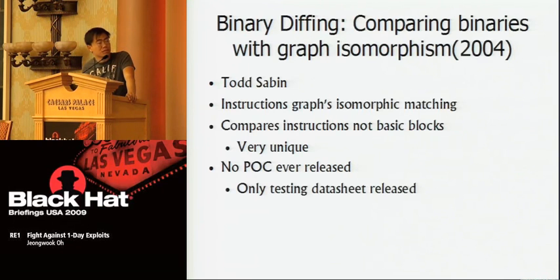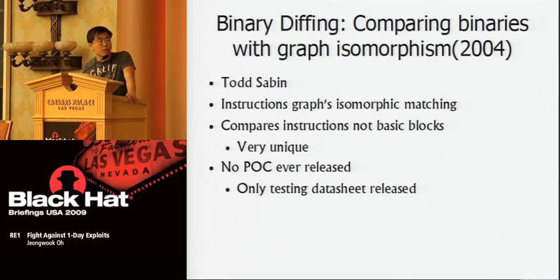Just after that, Todd Sabin made an article using graph isomorphic matching. The very interesting thing is that it used instructions as nodes, not basic blocks.